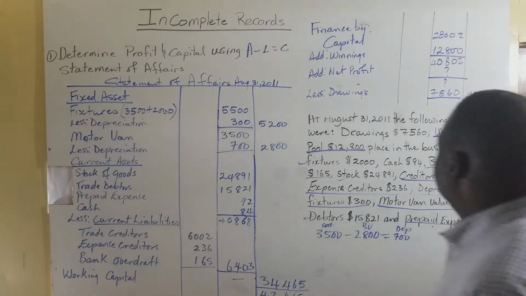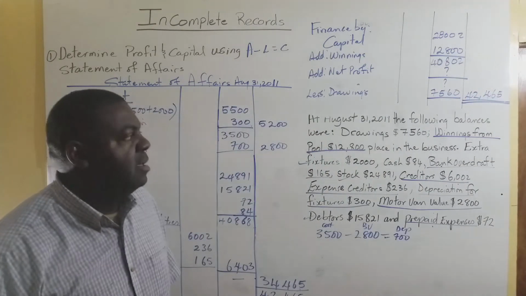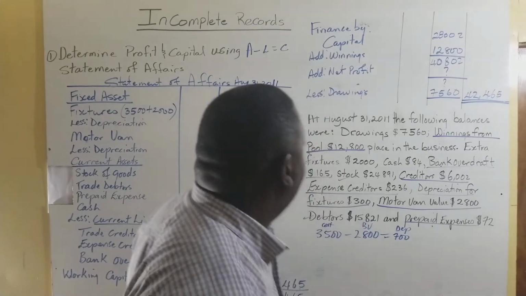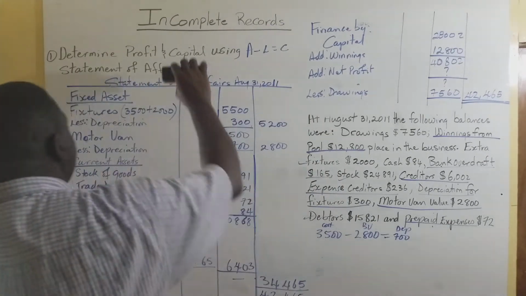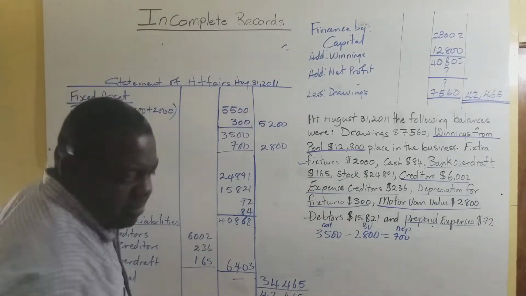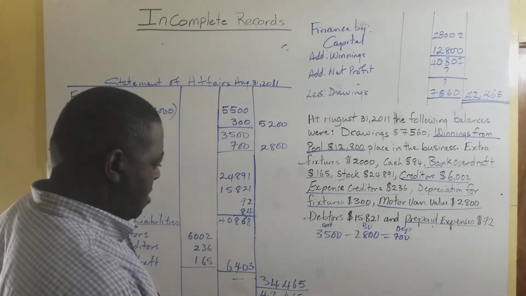Now, how are we going to be proceeding? The principle is that we add what we used to subtract and subtract what we used to add. So, in erasing this information right here, I'm going to proceed to share.